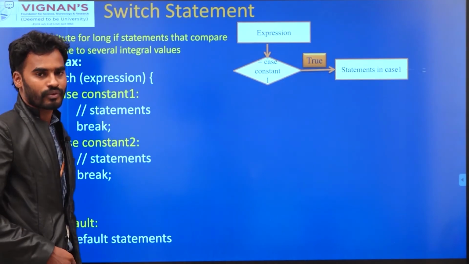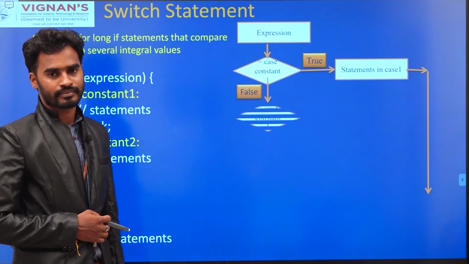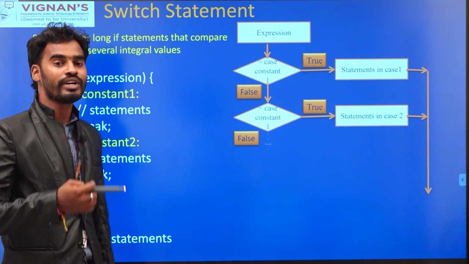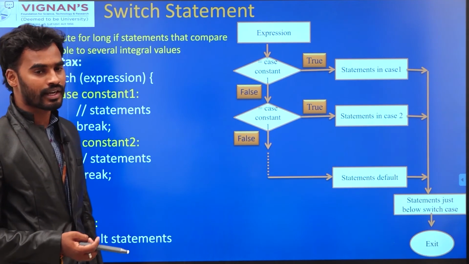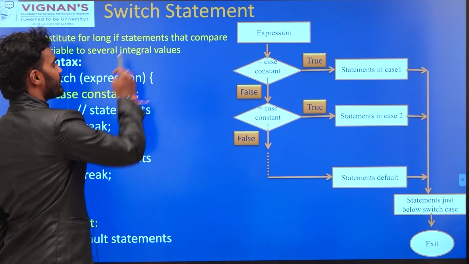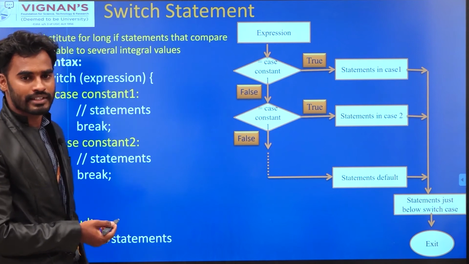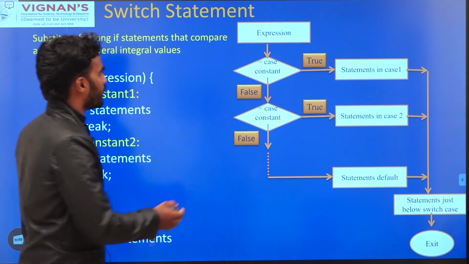Switch statement. The switch statement is similar to the else if ladder. If you want to compare an expression with more integer values, when more options are there, then generally we choose the switch statement. The way it works is similar to the else if block.